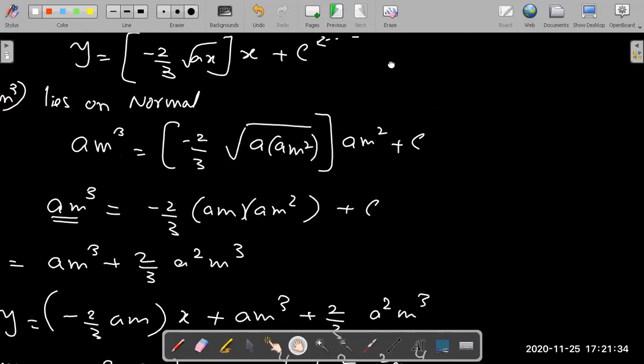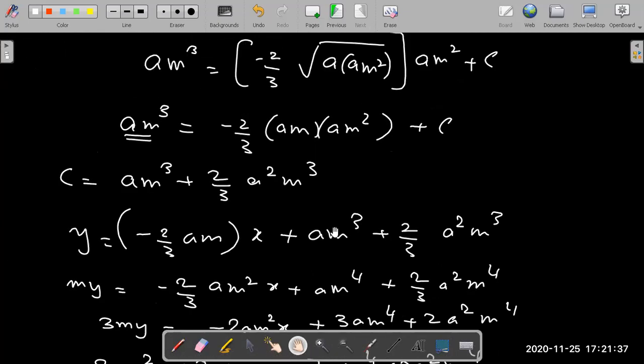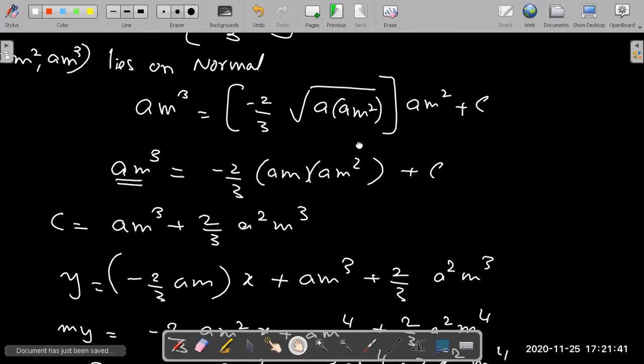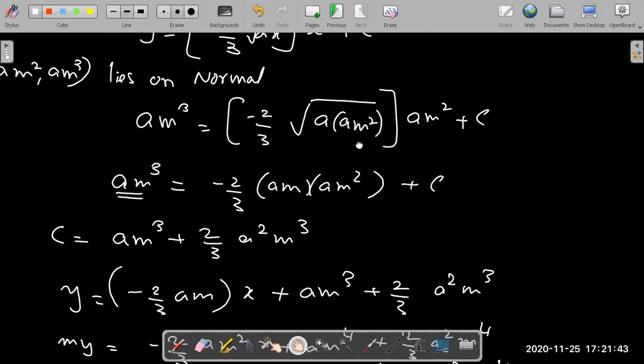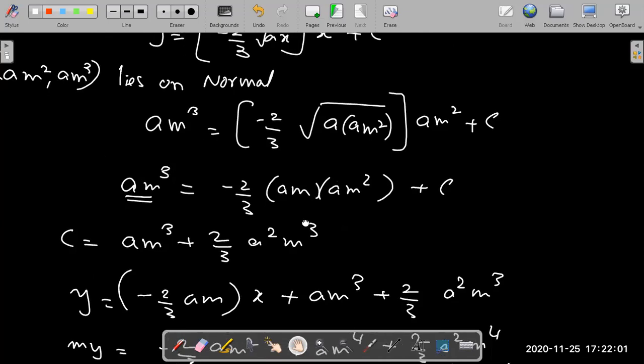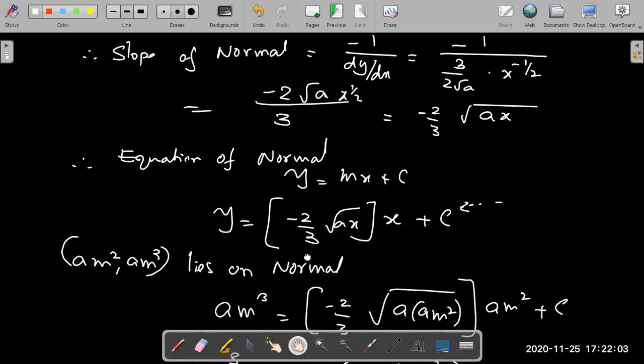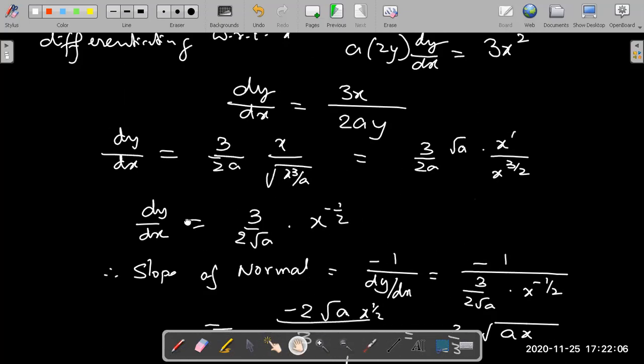Am is a slope. That's correct. And the c value is what is the issue here. So y equal to, let's say m cube equal to, this is a squared m cube. So we have this question am squared m cube. What is this? I think the y value is the issue. One second, let me check where we went differently.